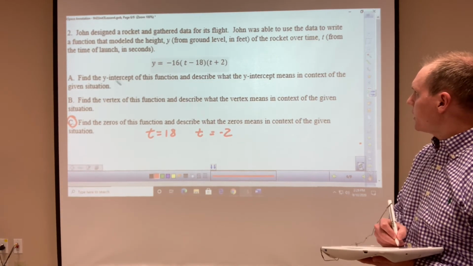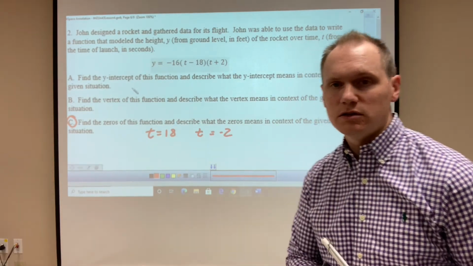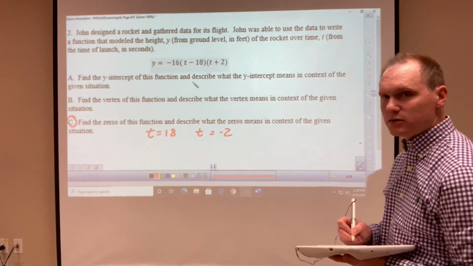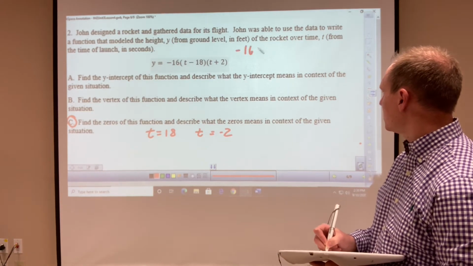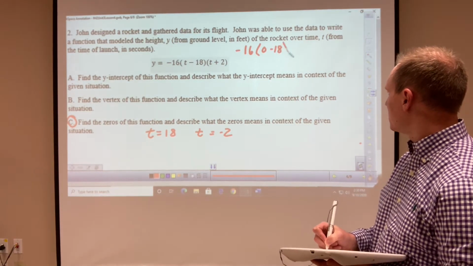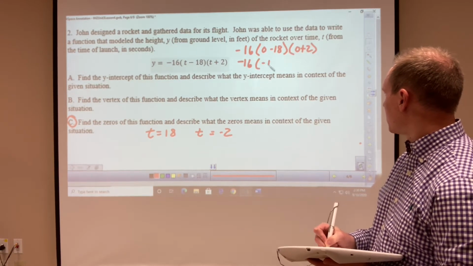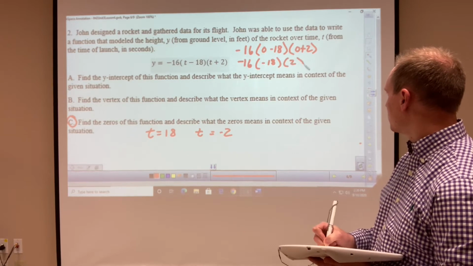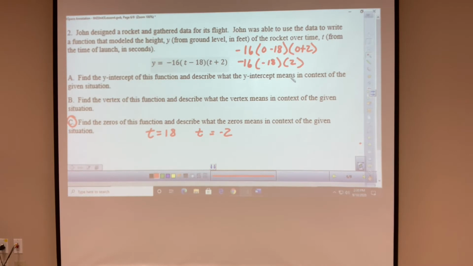Let's see, the y-intercept is always the y value when x is 0, or in this case, when t is 0. So if t is 0, we're going to have -16, 0 minus 18, 0 plus 2. So it's going to be -16 times -18 times 2. So let's see, 16 times 18 times 2 is 576.